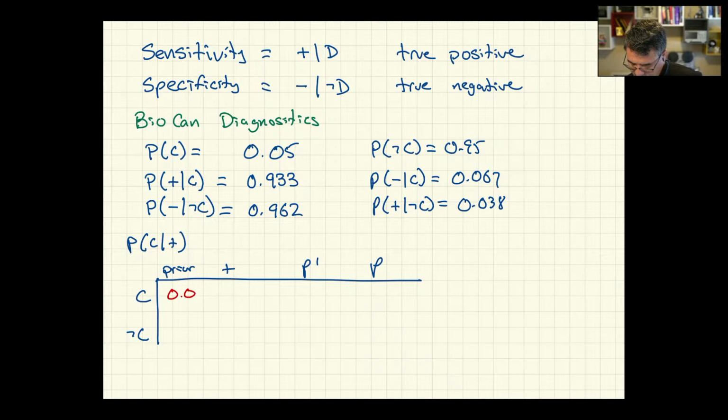So we got 0.05 and 0.95 for the prior column. And then under the plus column, we have plus given coronavirus, which we've got a number for that. It's 0.933, and then a positive given you don't have it, which is this number over here, 0.038. Then we're going to multiply across.